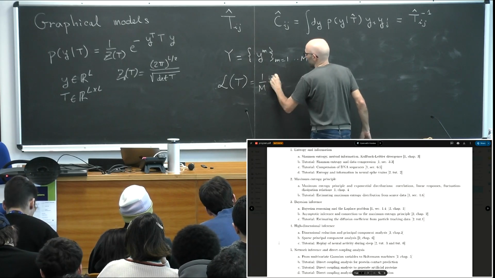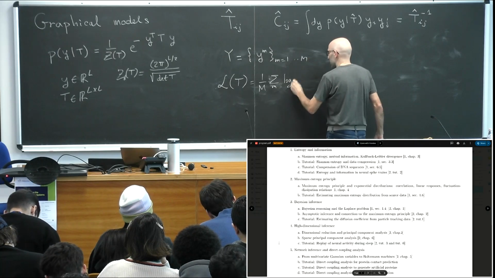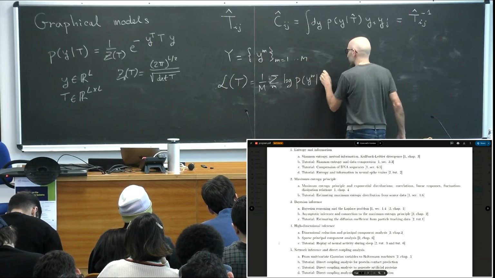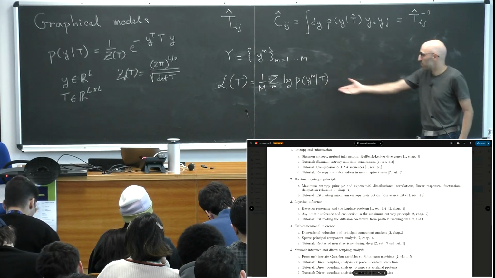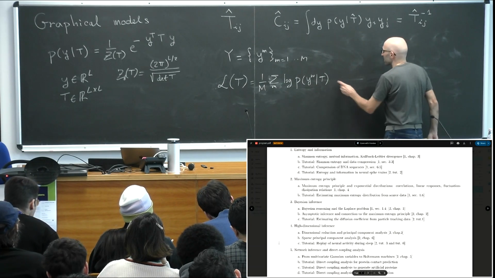which will be, because the data are generated independently, the probability of the data is the product of the probabilities, and so the log likelihood is the sum of the logs. And this is what?